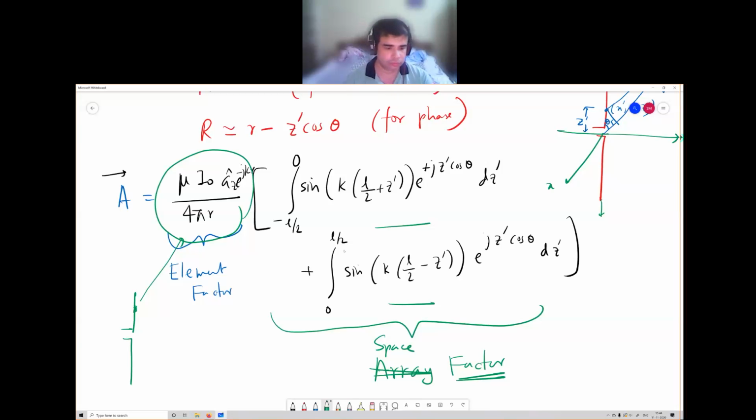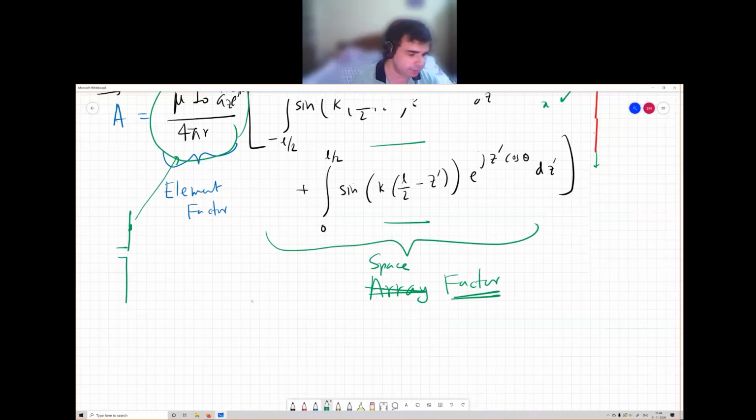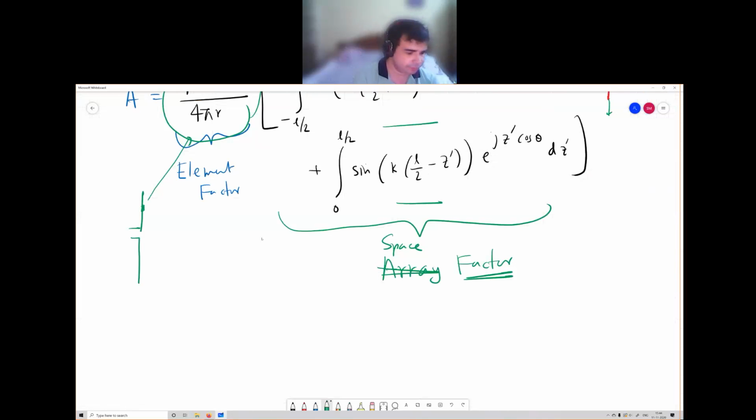So if we do this, then we will find that E theta, that is j eta, once again, we focus only on the far fields, 4 pi r, sin theta, integral from minus L by 2 to L by 2 of I(x prime, y prime, z prime) dz, and H psi is the same except the theta factor, sin theta, of course.